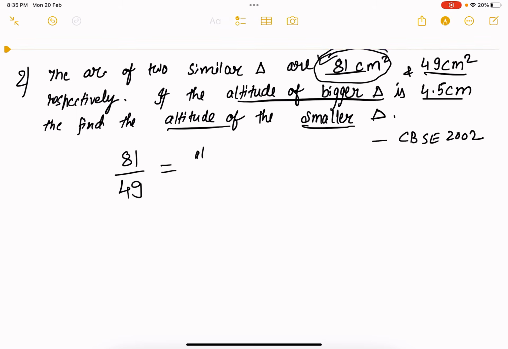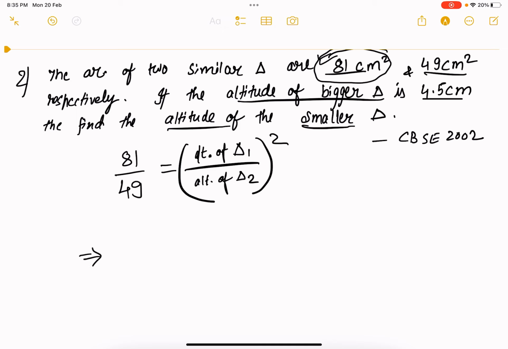So altitude of triangle 1 divided by altitude of triangle 2 whole square. Again, to find this ratio, we just have to take the under root of 81 upon 49, which is equal to 9 by 7. So this is the final answer.